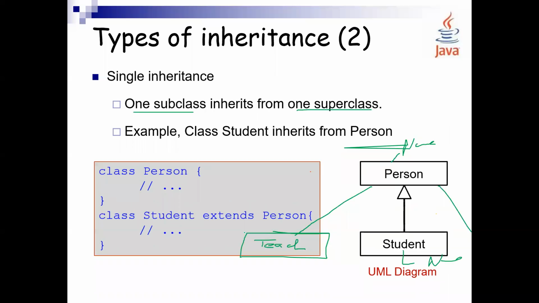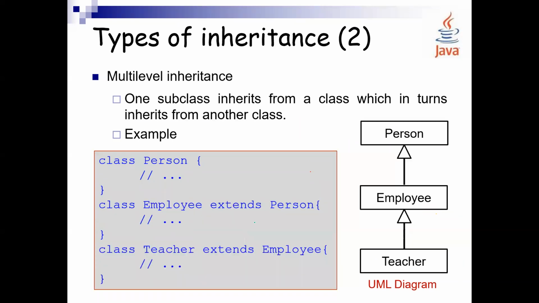Okay, so multi-level inheritance, you can look at this structure. By the way, the implementation, this is how we do it. We have a class X extending another class. This is the syntax. For multi-level inheritance, this is a superclass, and this becomes a subclass. This class is going to inherit all the properties and methods from this class.